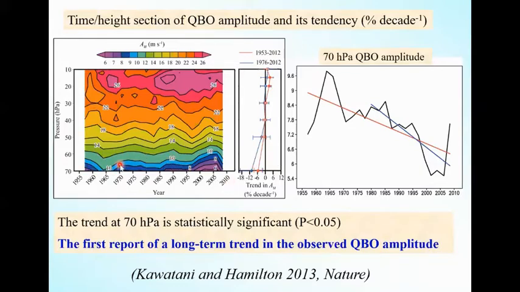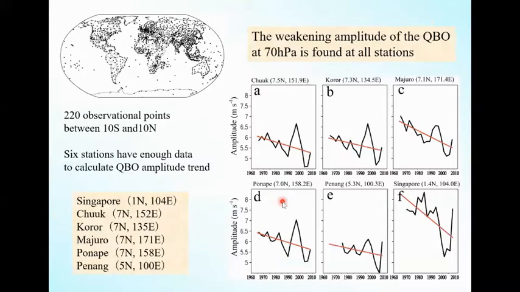So this was the first report of a long-term trend in observed QBO amplitude. But this figure is only one data set, so the reviewers suggested that I analyze other data. So I collected as much data as possible.